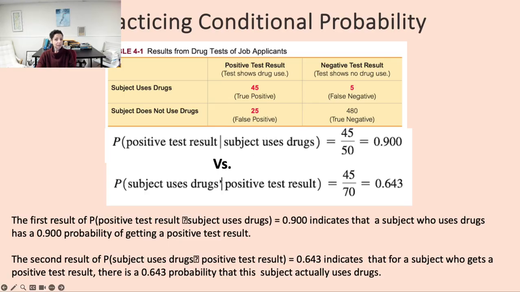But if we ask the different question, of those who test positive, how many actually use drugs? That's a different number, because there are more people who test positive than actually use drugs. That's 70. So 45 of those 70 actually use drugs. And so the likelihood of actually using drugs when you already test positive is only 0.643.